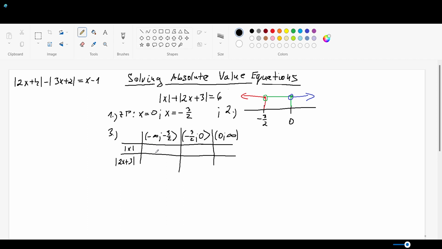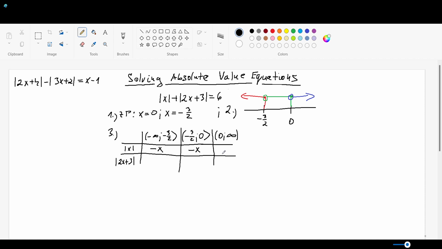Negative 10 is a negative number, which means absolute value of x is calculated by minus x. The same applies for the second interval. The clever idea here is to take negative 1, which is also a negative number, so the absolute value of x for the numbers from these two intervals is the opposite expression.